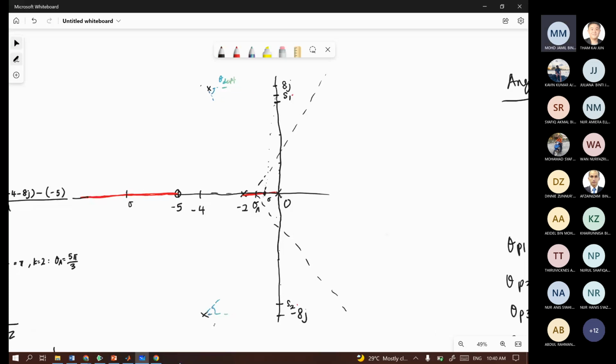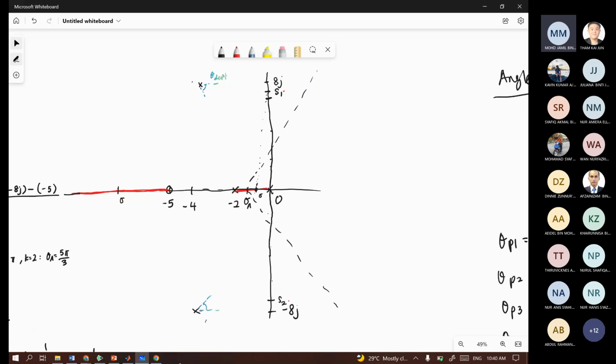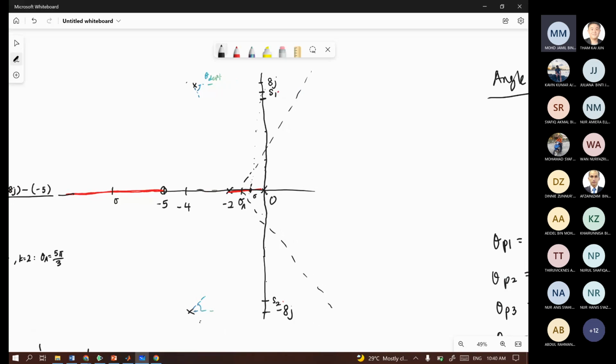Therefore, the only branches that can cross this j omega axis will come from these two poles here. So we can roughly sketch this, and it will look something like this.